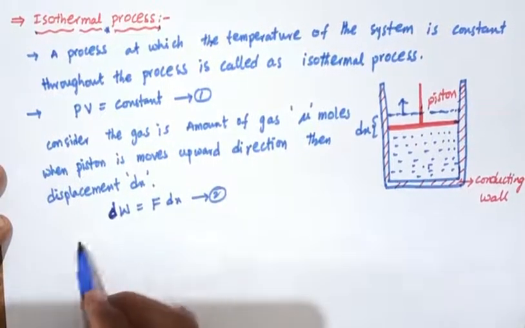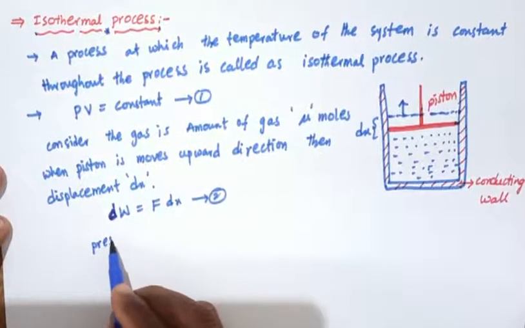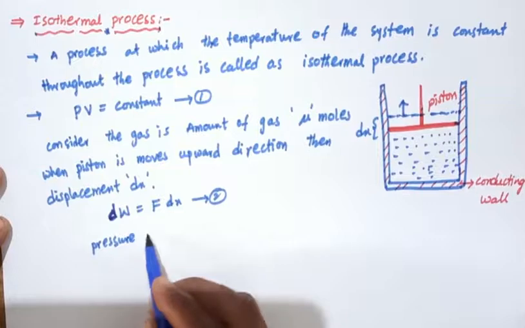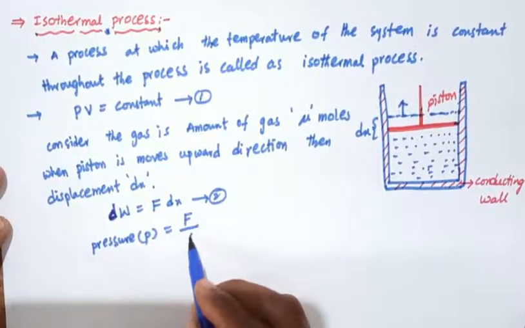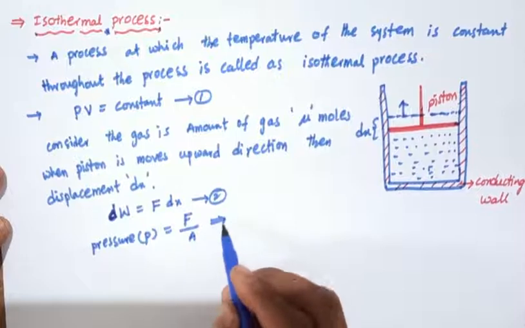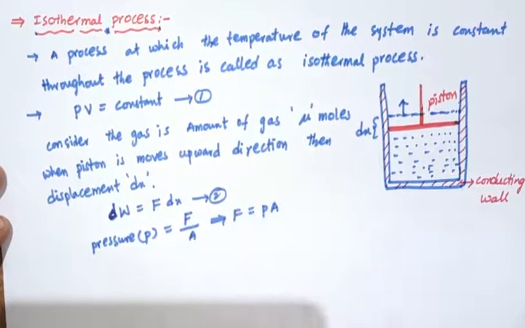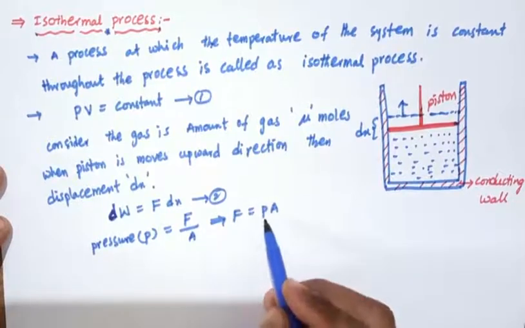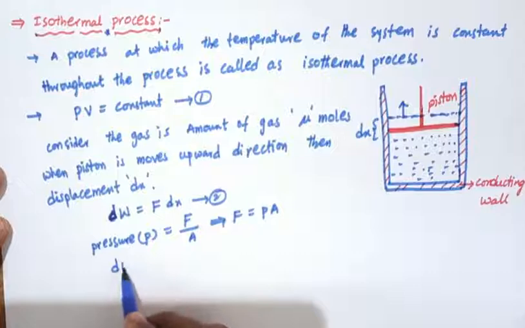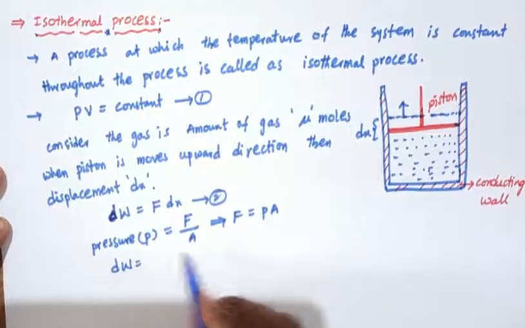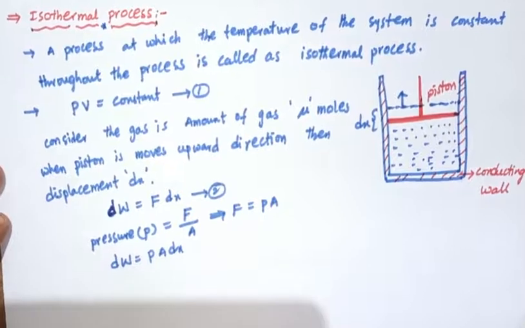So now we know that the pressure of gas P equals force per area. So from this, force equals pressure into area. The force term is substituted in equation number 2. So then dW equals PA dx.